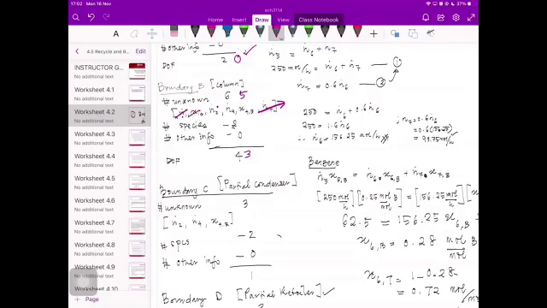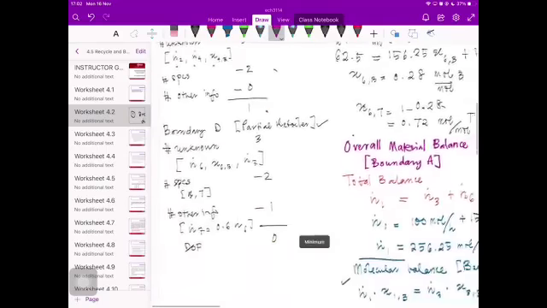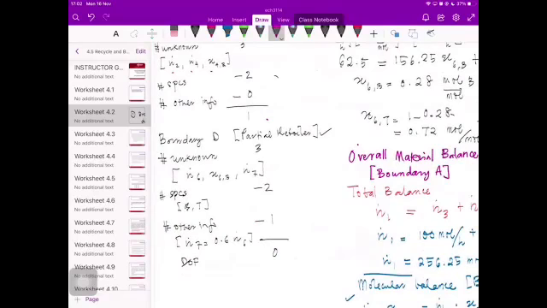N2 is not yet, N4 is not yet, X4 is also not identified yet, so we still have 3, and we have 2 species, so this one here is going down to 1. For boundary C, we still have N2 unknown, N4 is unknown, and X4 is unknown, so it remains as 1 DOF. So we need other information to be able to solve for the rest of the unknown.